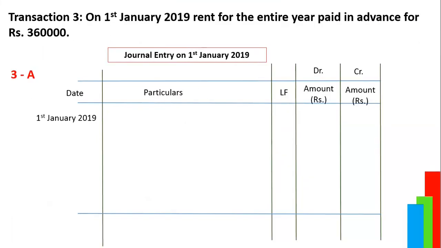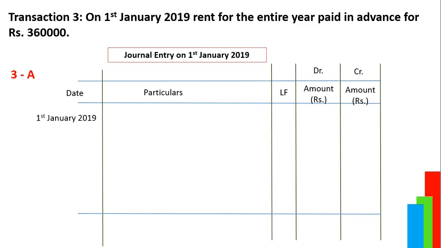Transaction 3. On 1st January 2019, rent for the entire year paid in advance for Rs 3,60,000. Here, rent in advance is a prepaid expense because at the time of recording this transaction in a journal, that is on 1st January 2019, the payment was made for the entire year.